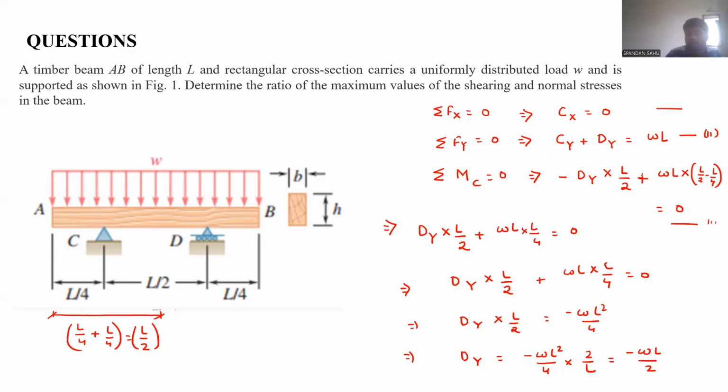Actually, this will be positive because it will form a clockwise moment. So if we do some modification here, it will be minus. Again, this will also become minus.